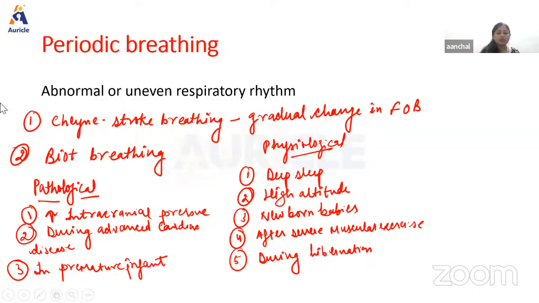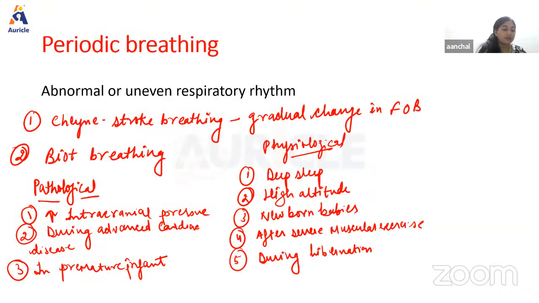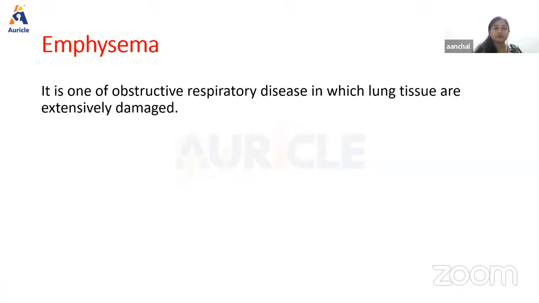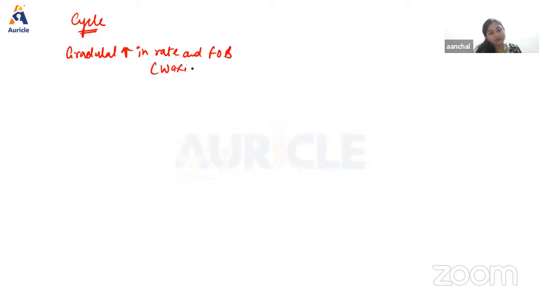Then also we have a cycle that we're going to discuss, the cycle of waxing and waning. Whenever there is a gradual increase in rate and force of breathing, that is known as waxing.